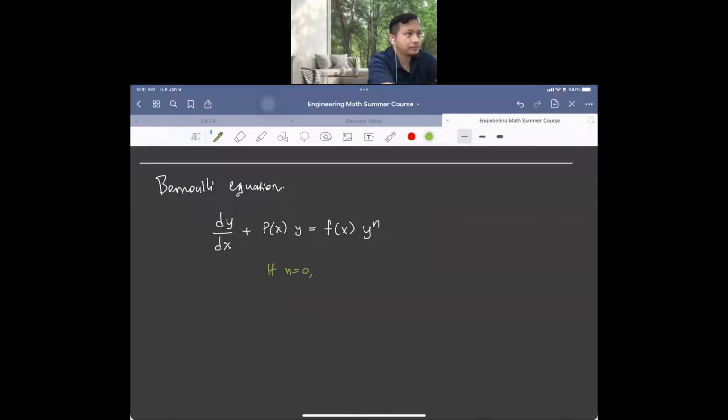Note that if n equals 0 or n equals 1, the equation becomes linear. For n not equal 0 and n not equal 1, the substitution u equals y to the power of 1 minus n will reduce any such equation to a linear equation.